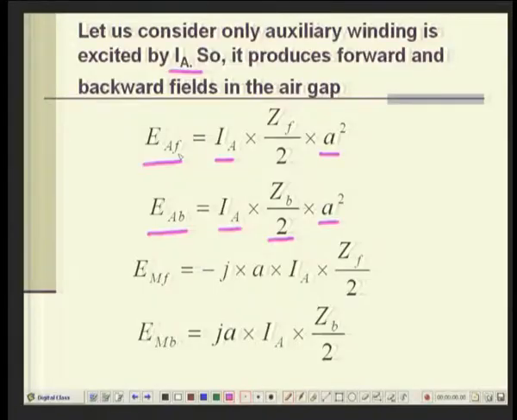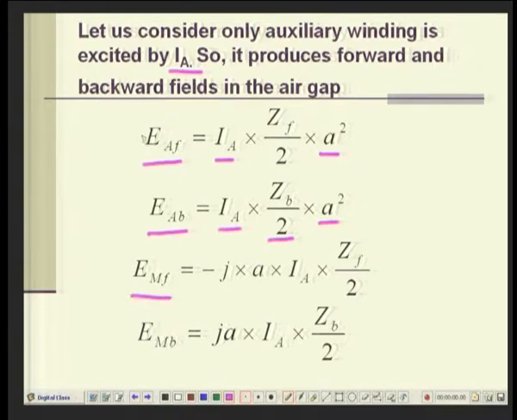Now imagine there is a forward field inducing a voltage in the A winding because of the current IA passing through it. That field is not keeping quiet; it is also inducing a voltage in the main winding.